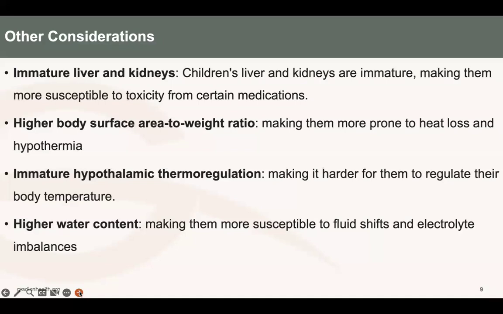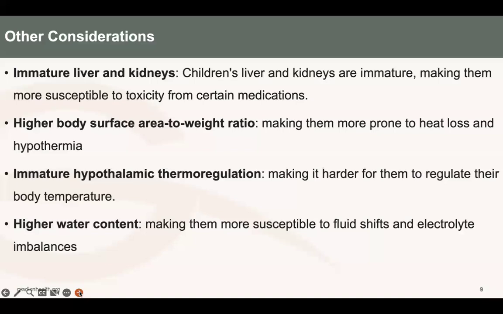Yeah. And in addition to this, there is also the ability of them regulating their body temperature. If an adult loses heat, they will find a way of regulating their body temperature through shivering, so that they generate heat from the muscles and such kinds of mechanisms.